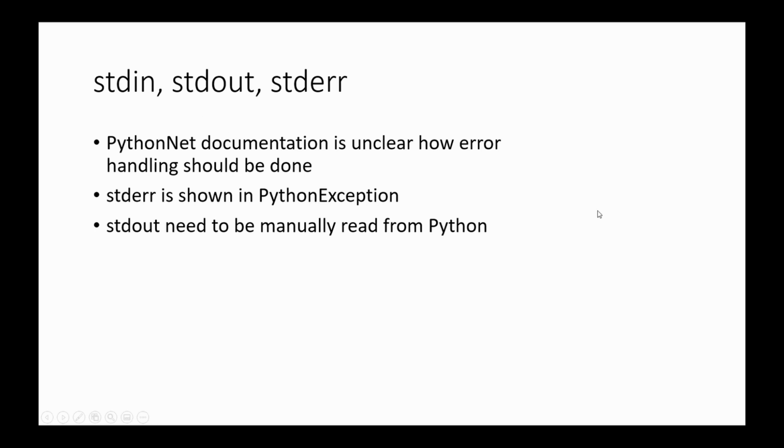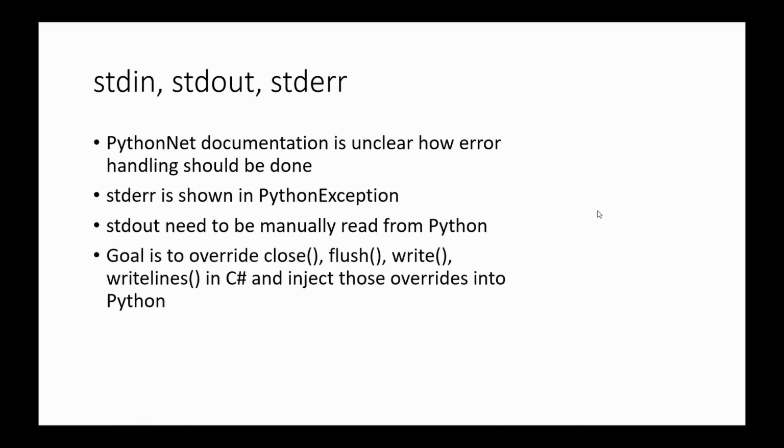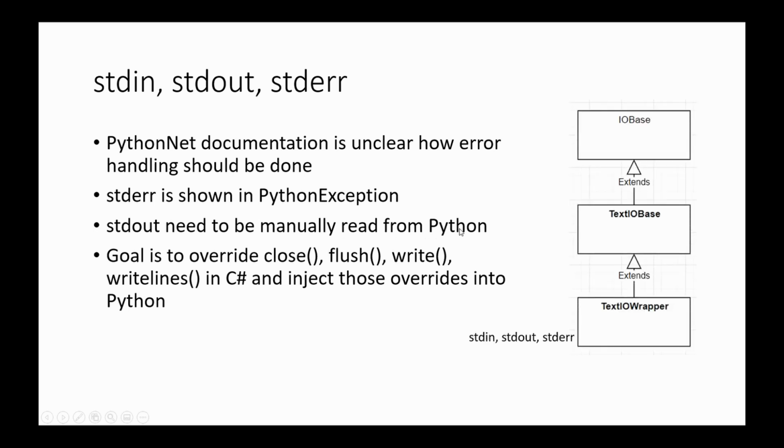And currently, there is no way to capture standard outputs via PythonNet easily. So what you have to do instead is create a C# object which has the close, flush, and write lines methods. Basically, inject those into Python, and then you can capture Python outputs with your .NET object. It sounds confusing, but it works, and I'll show you that in a bit.